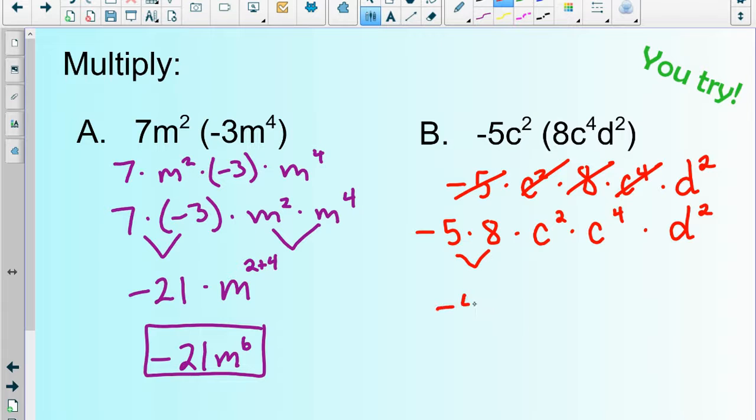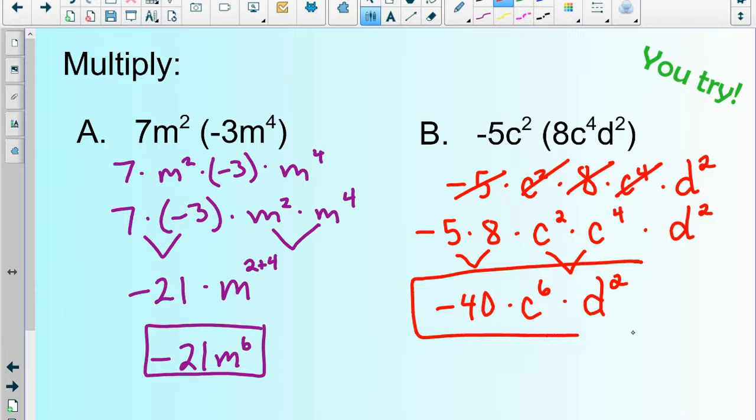So multiply your coefficients together to get negative 40. And remember that when you multiply c's times c's, you add the exponents. So that's going to be c to the 6th power. And then we bring down the d squared. There weren't any other powers of d, so we don't combine that with anything. Just leave it like that.